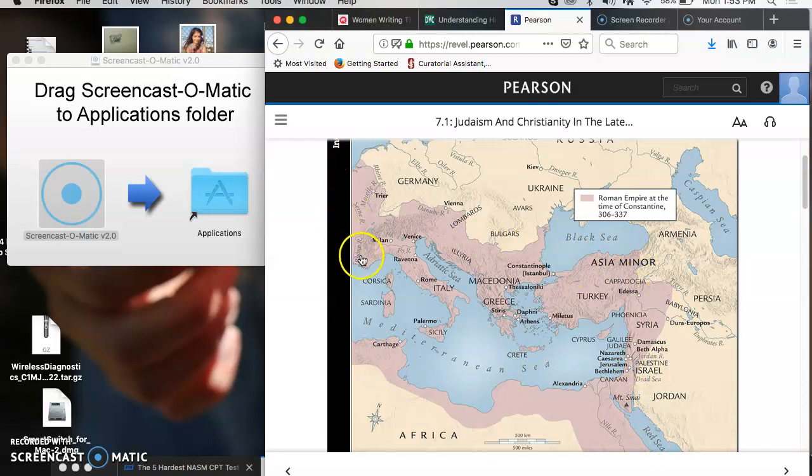You'll notice that the pink includes, of course, the boot of Italy, where the capital Rome is, their historic homeland, but it also extends across the Adriatic Sea into what was then called Illyria, now the Balkans, down into Macedonia and Greece. So the Romans had conquered the great glorious culture of ancient Greece and absorbed that culture into their own.